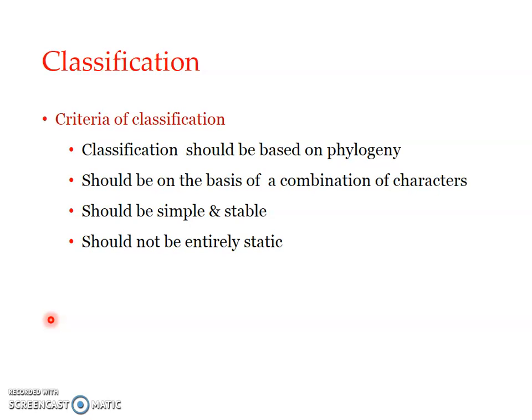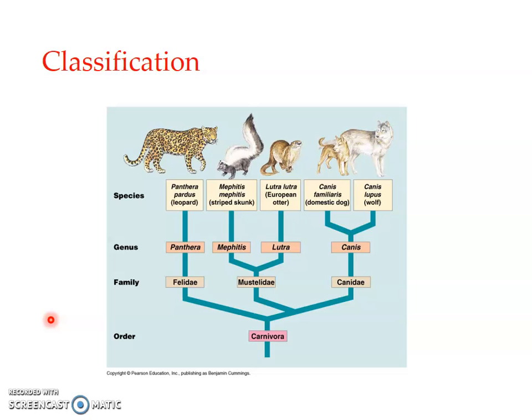Now, classification should always be based on phylogeny. So this is a phylogenetic representation. This is a group of mammals coming under the order Carnivora.